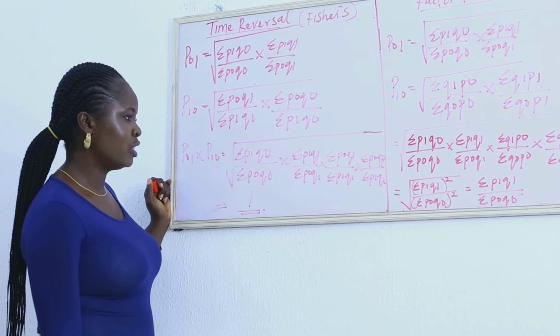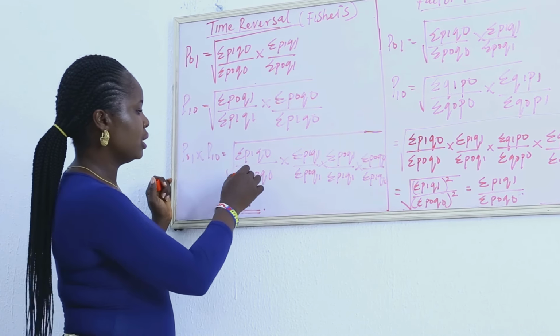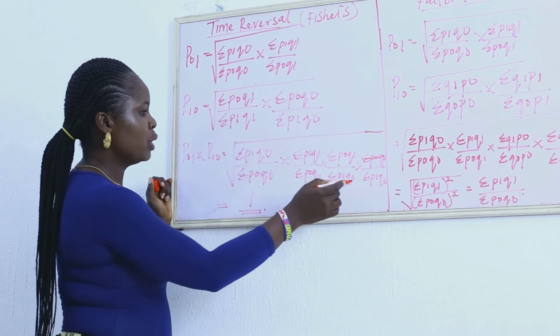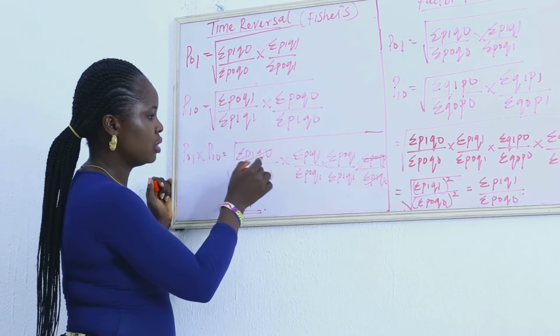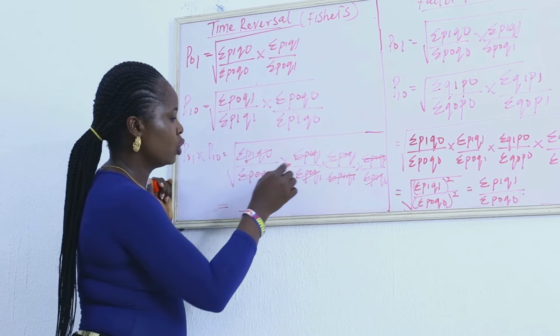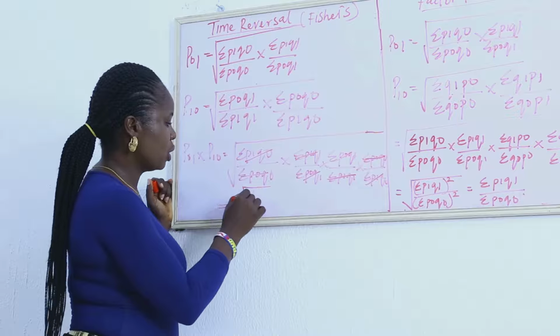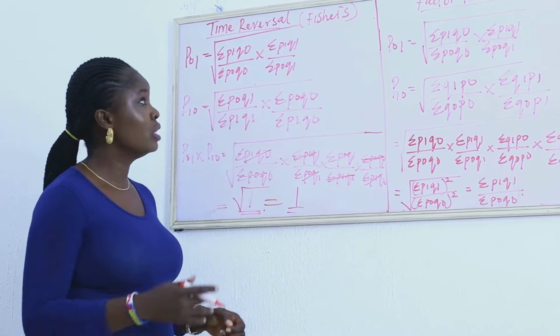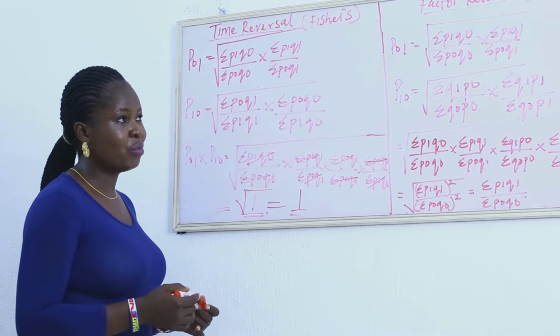We want to see if it's equal to 1. This and this are the same, P1 Q0 and P1 Q0 are the same, P1 Q1 and P1 Q1, P0 Q1 and P0 Q1. So the square root of 1 is also equal to 1. So it means that the Fisher's ideal method satisfies the time reversal test.